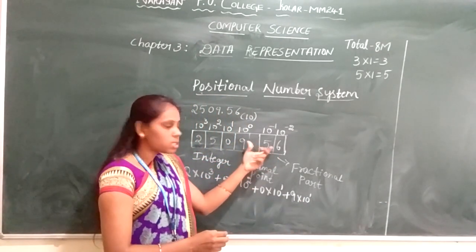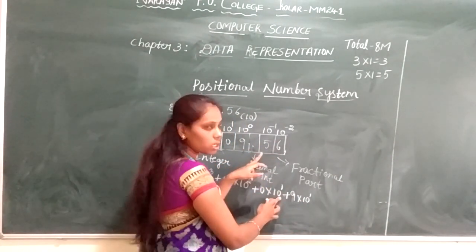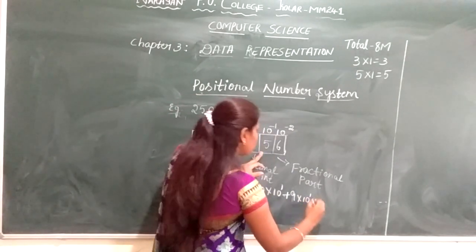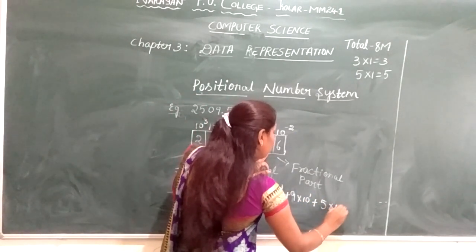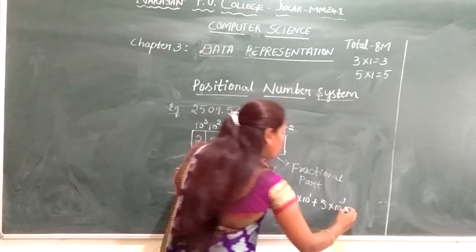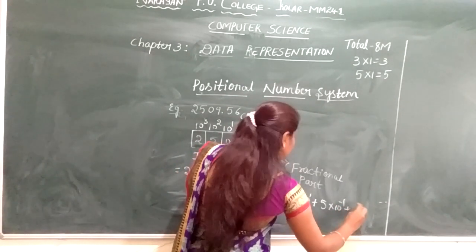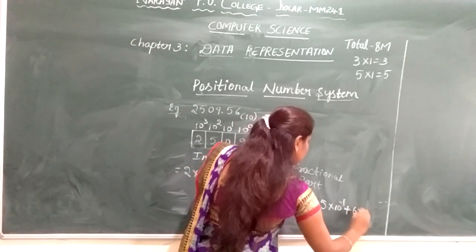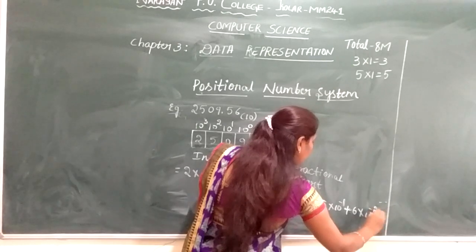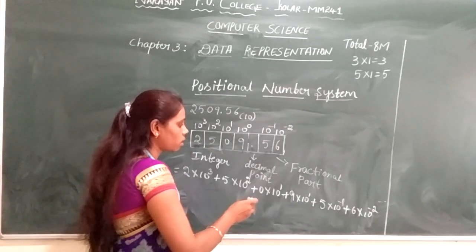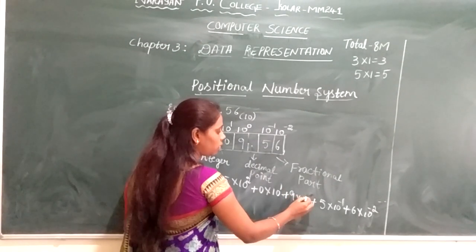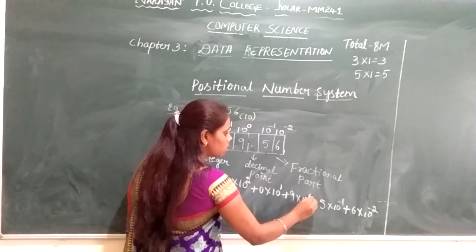Again, you should combine the decimal point part with this by using the plus symbol. So plus 5 into 10 power -1, plus 6 into 10 power -2.